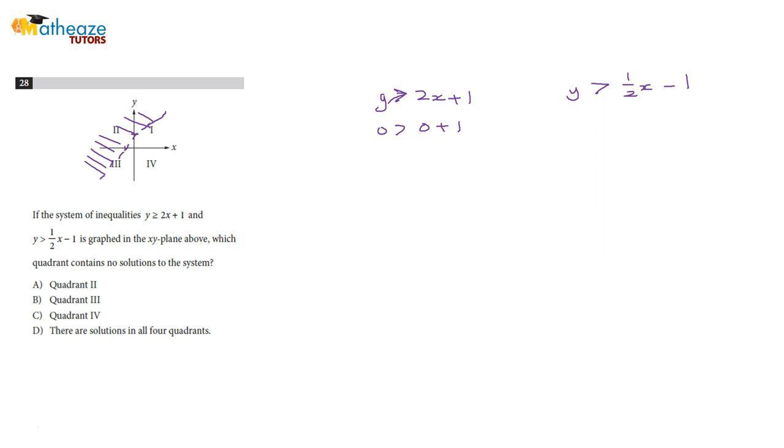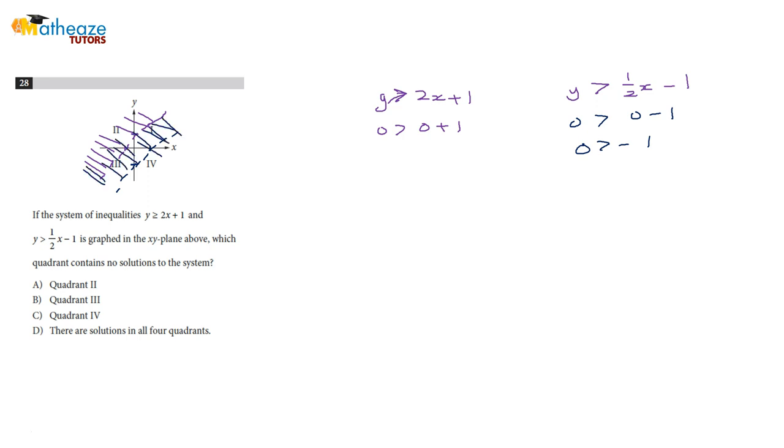Now the second inequality graph that we need to look at is 1/2 x minus 1. I'm going to use a different color just so we can see the difference. So 1/2 x minus 1, we have minus 1 over here, and this is the intercept. And so try the origin again. 0 is greater than 0 minus 1, so 0 is greater than minus 1, so anything with the origin is acceptable.